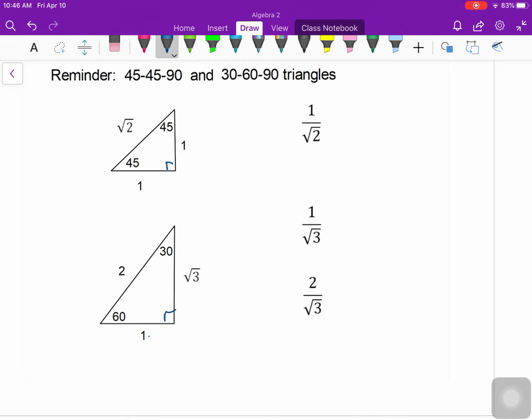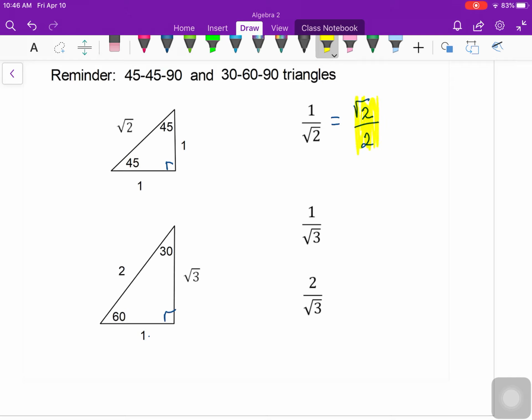So if I am given the ratio of 1 over the square root of 2, when I would do some trig, I would actually simplify that to square root 2 over 2. So this ratio is the simplified version.